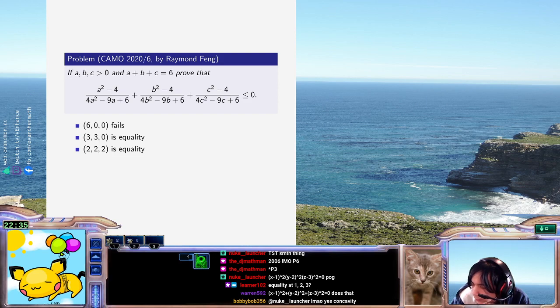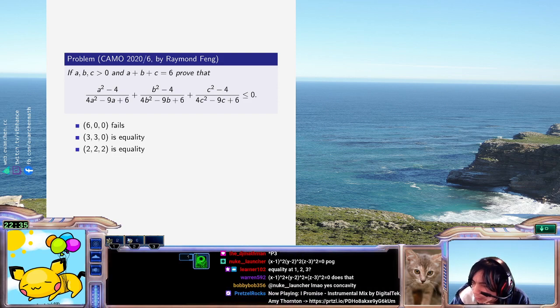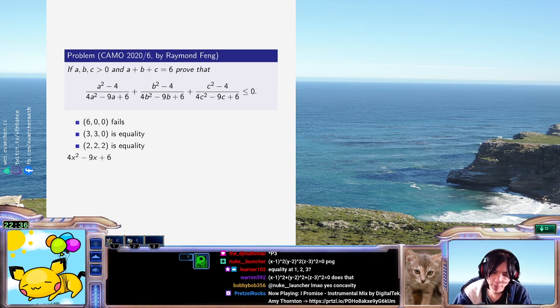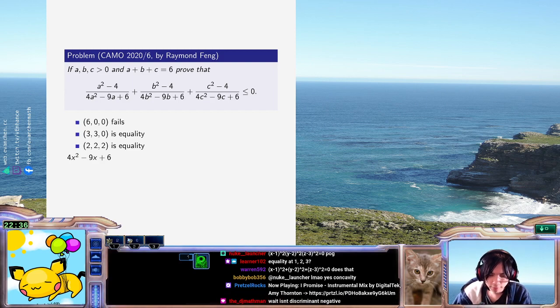I'm a little surprised. Is 4x squared minus 9x plus 6 always positive? It is, right? No, it's not. B squared minus 4ac. So the denominator is sometimes negative. That's really annoying, actually. What are the roots? Wait, that's very surprising, actually, because the problem seems like it shouldn't even be well-formed in that case. So what are the roots of this thing? It's x equals 9 plus or minus... No, that's fine.